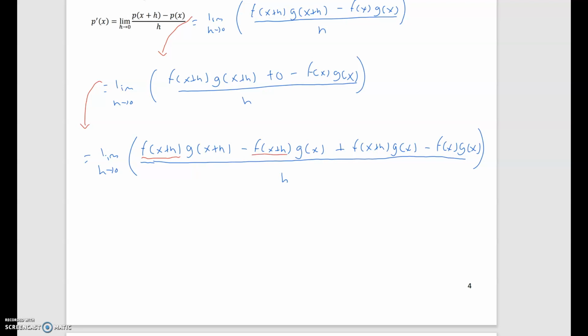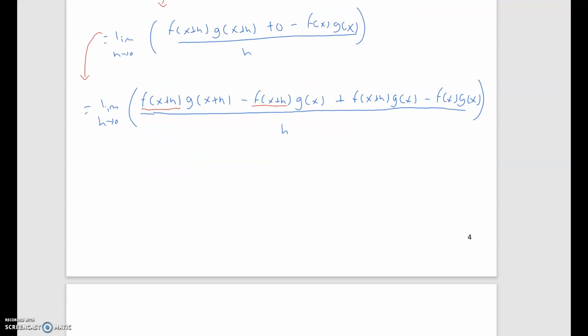And we now have that this is equivalent to the actual limit as h approaches 0 of f of x plus h, and technically we're multiplying this quantity times g of x plus h minus g of x.